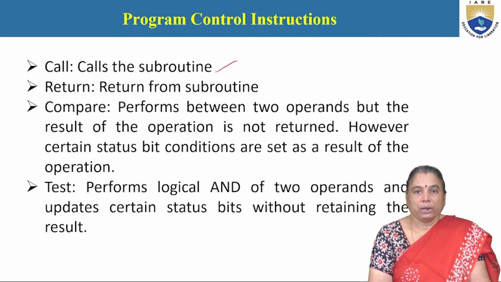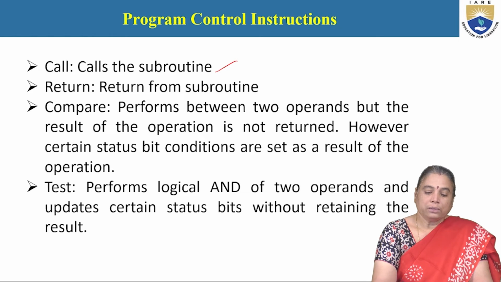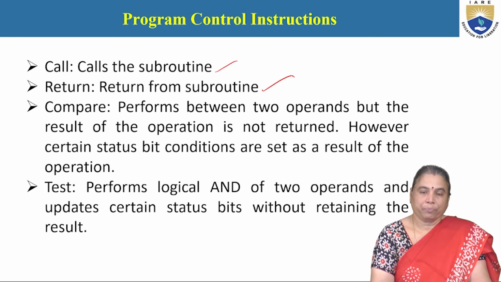Whenever the return statement is encountered, the control flow switches back to the main program and continues its execution. So call is used to call a subroutine. Return is used to return the control from the subroutine.